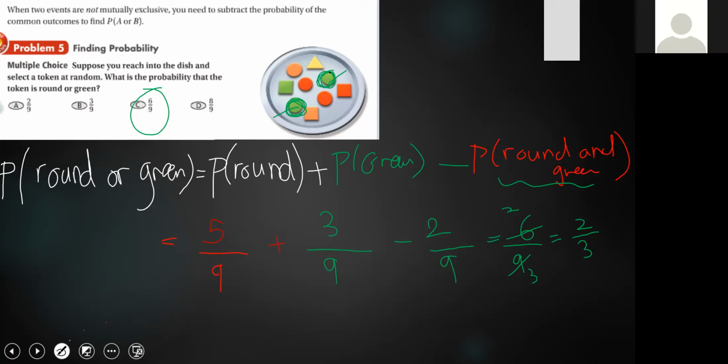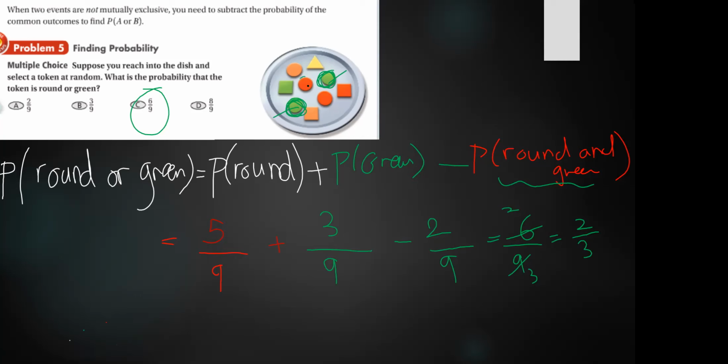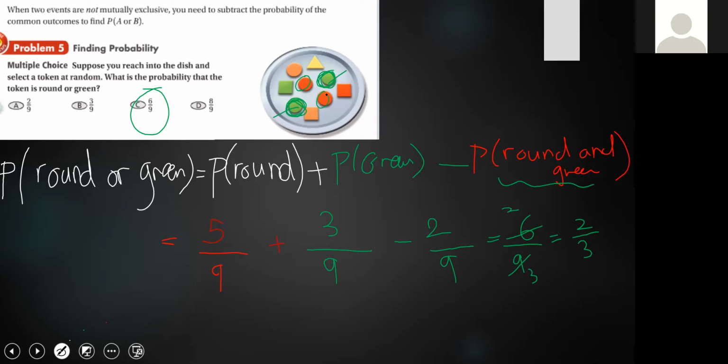It's 2. The other one is a circle, but it's orange, so it's not green. Okay. I thought we were going to use the rule of P(A) times P(B). No, you have to count them.